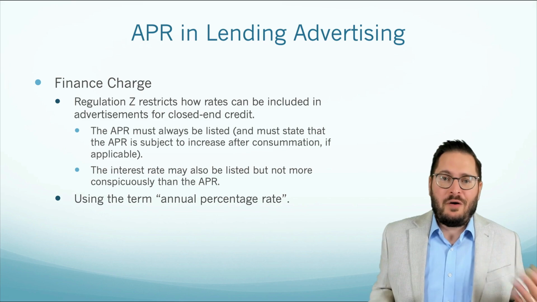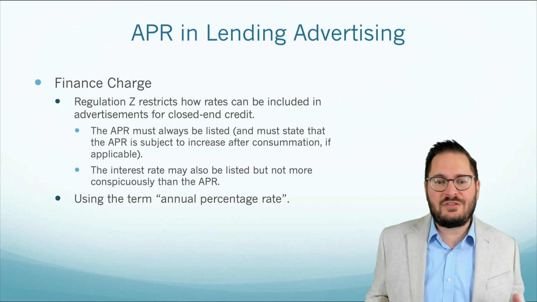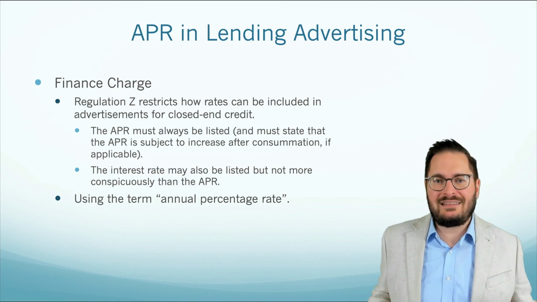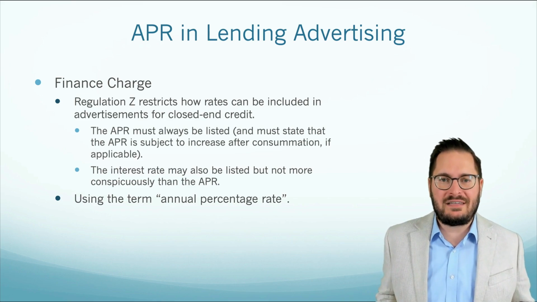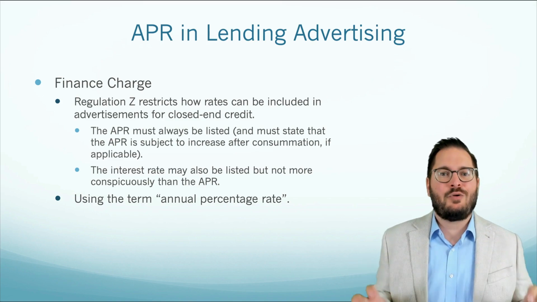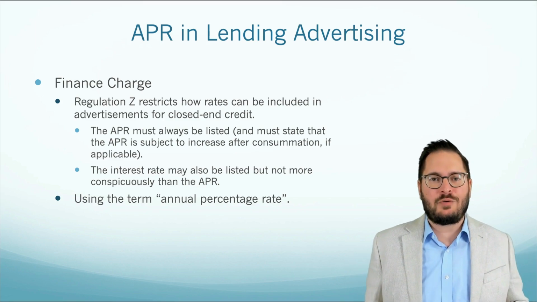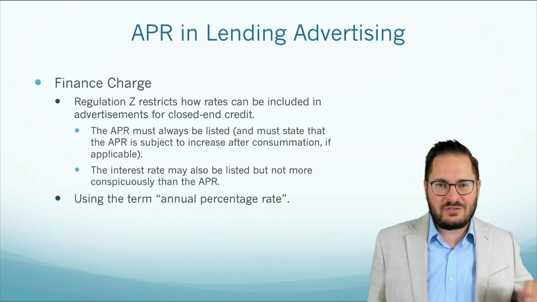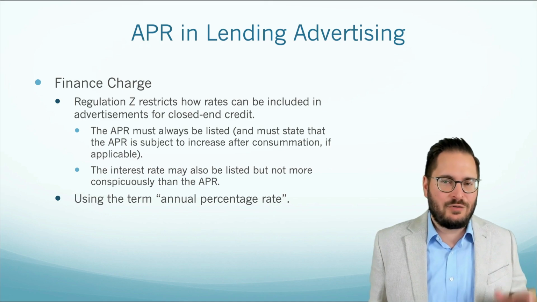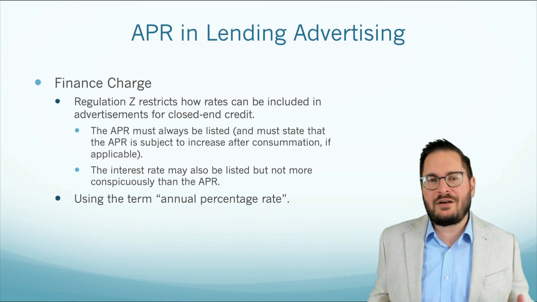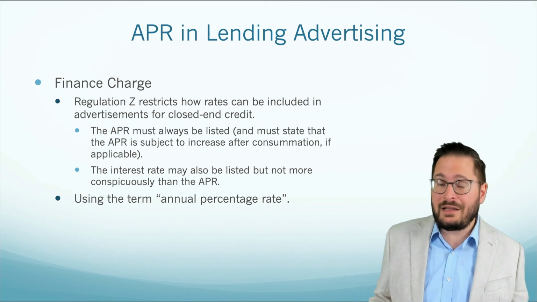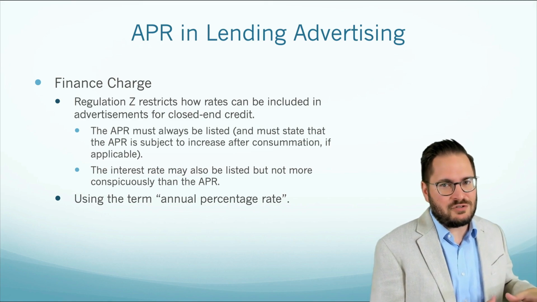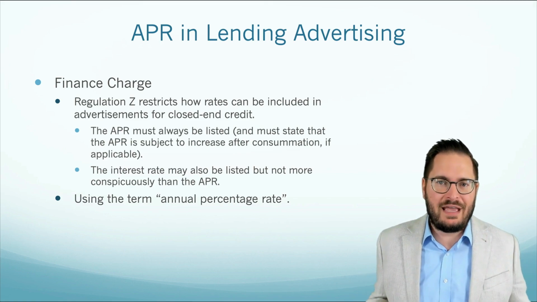Now, the question is, do we have to use the term annual percentage rate in an advertisement? In the old days, we actually had to use that term under closed-end credit. So we had ads where we'd put APR, with an asterisk at the top, and then down below in our disclosures, an asterisk that said APR equals annual percentage rate. Well, the commentary for both closed-end credit and open-end credit now says that we can either use the term annual percentage rate or the commonly known abbreviation of APR.